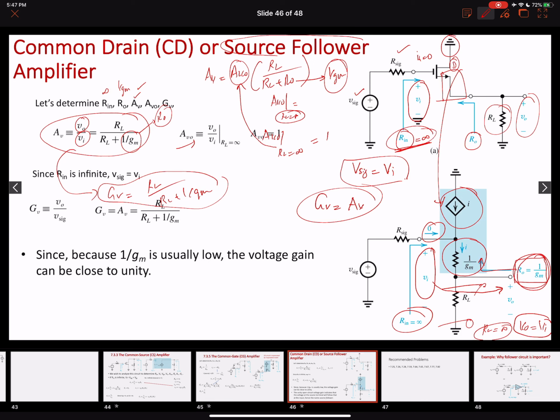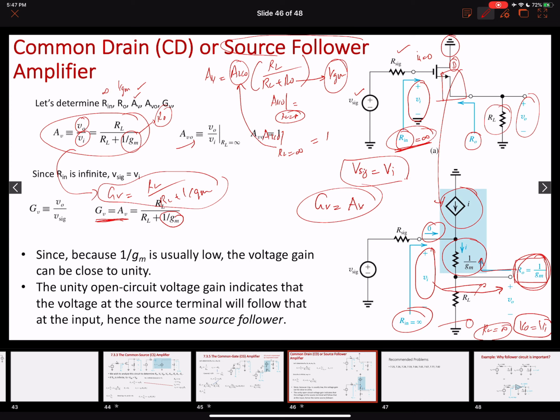A couple of quick things over here. Because the value of 1 over GM is usually low, the voltage gain that we get from this configuration is very close to unity. And that is why this is known as a source follower, because the voltage at the source terminal is going to follow that at the input.